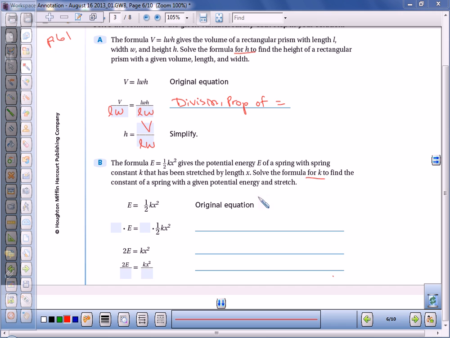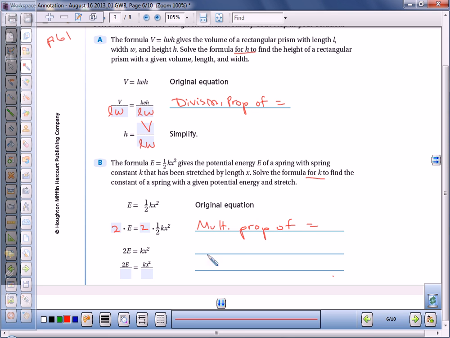So here we have E equals 1/2 kx squared. And so we want to solve for K. So let's get rid of the 1/2. How do we do it? Multiply by 2. This is the multiplication property of equality. So we get 2E equals kx squared.